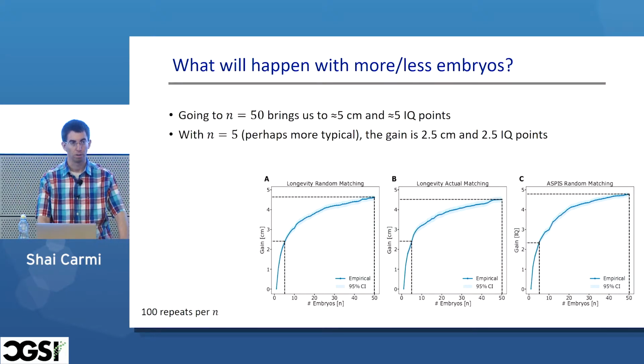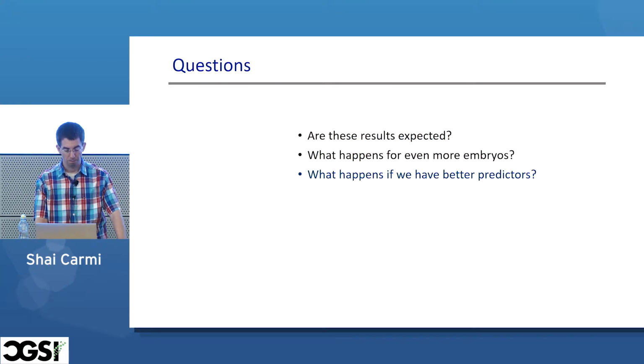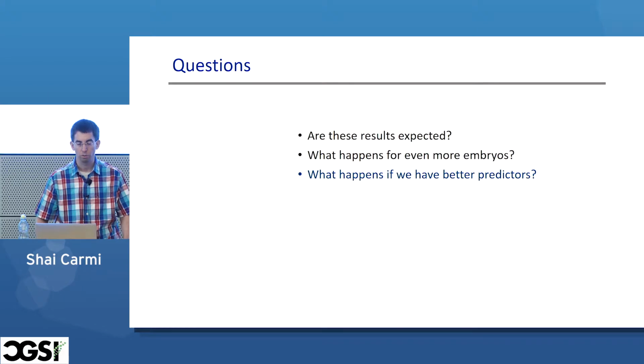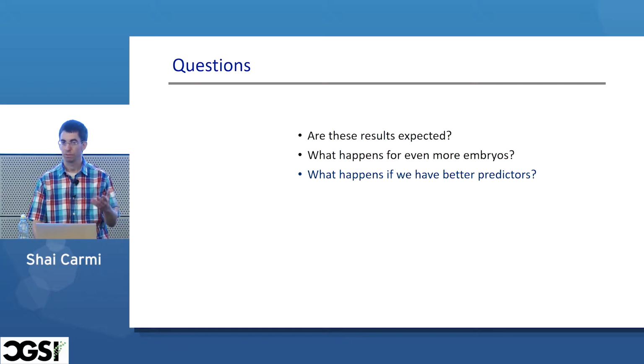And so given these results, we also felt that there is a need for some theory, a quantitative genetic model that will explain the results, but also, more importantly, will allow us to answer the question: what happens if you have 10,000 embryos? Maybe it's too much to simulate, but we want a model that will give us the prediction for this.